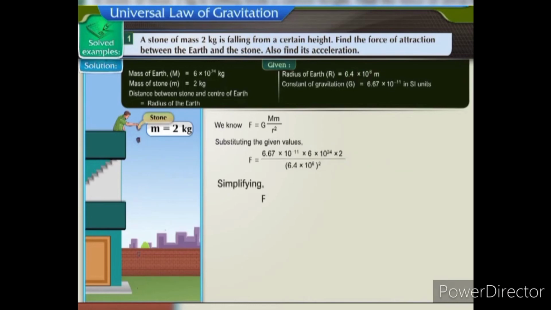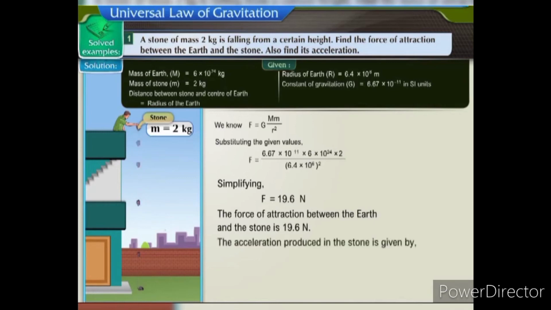Simplifying, F is equal to 19.6 Newton. Therefore, the force of attraction between the earth and the stone is 19.6 Newton.